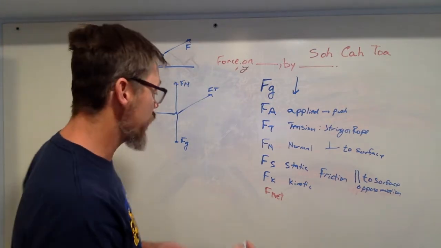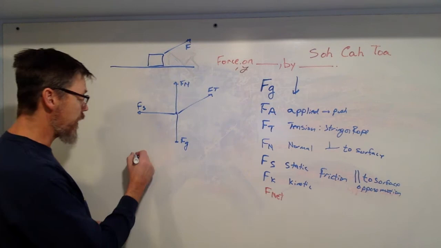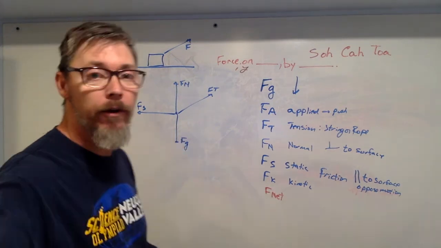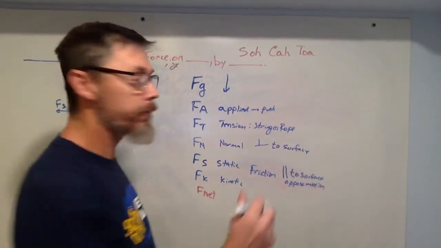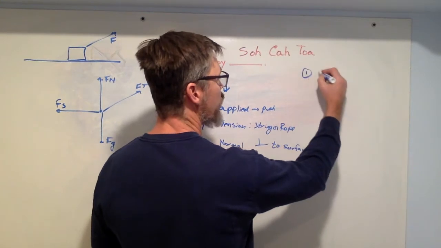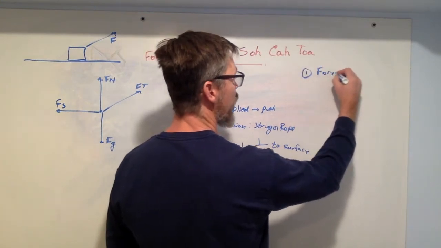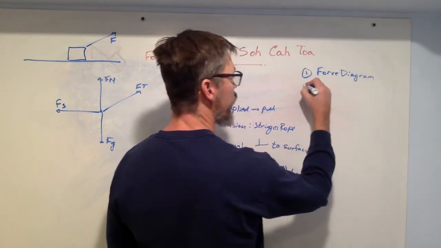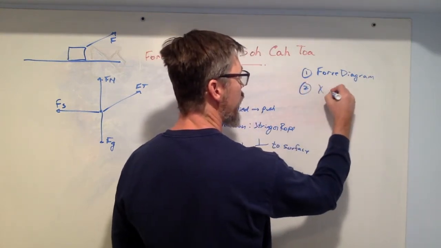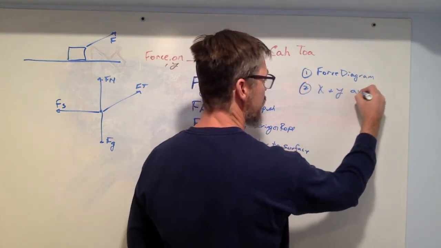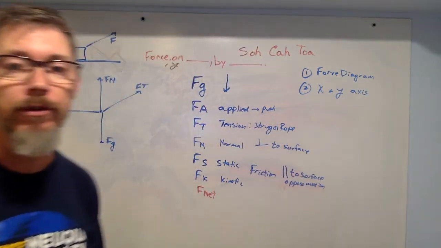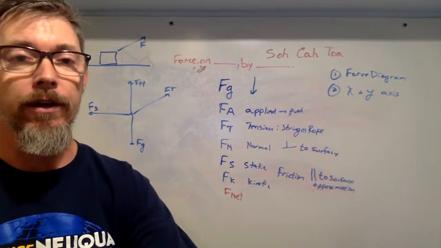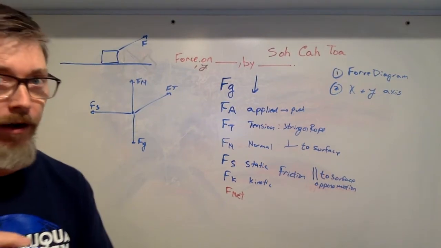Okay, so here's our steps. Step one, let's write those over here. Force diagram. Step 2, x and y axis. Step 2 is to draw your x and y axis right on top of your force diagram.